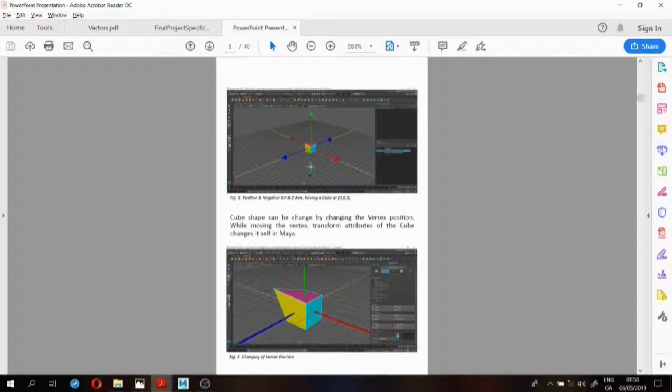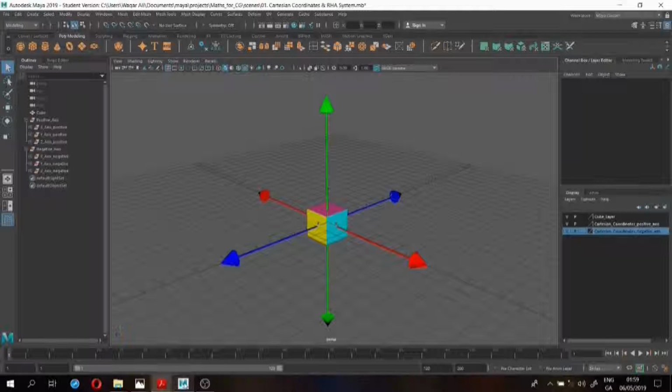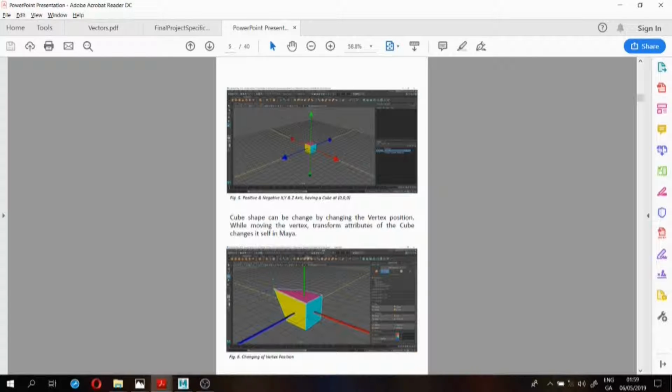Now to get the cube shape, what we can do is change and move the vertices of the cube, which we call a transformation. You can see the changes here.